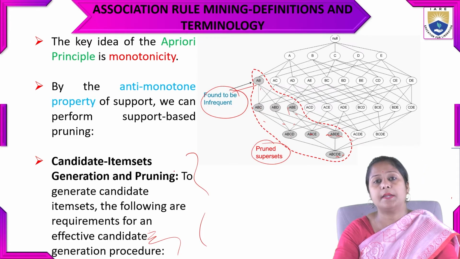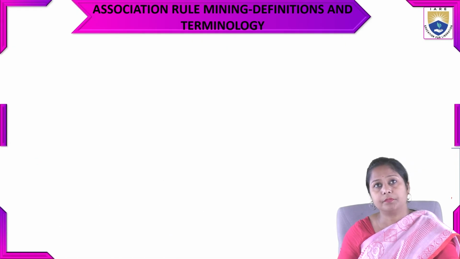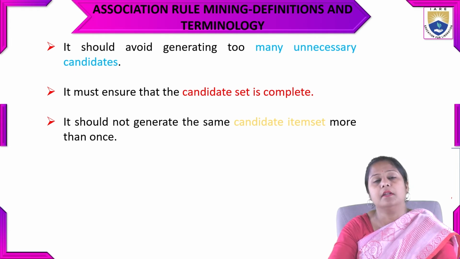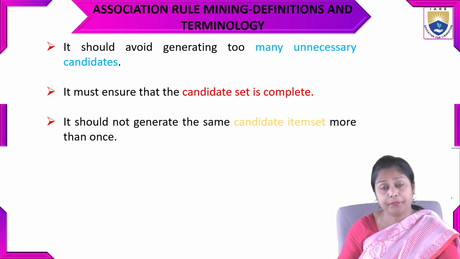Those item sets we have to prune as we apply the Apriori algorithm. It should avoid generating too many unnecessary candidates, it must ensure that the candidate set is complete, and it should not generate the same candidate item set more than once. Only one time it has to occur.